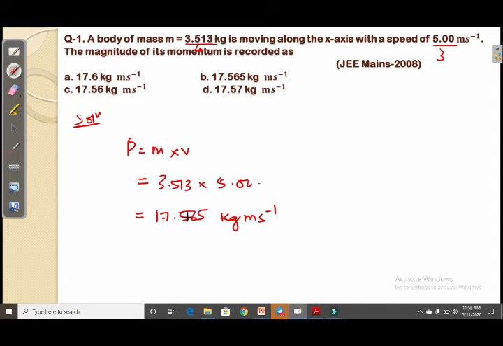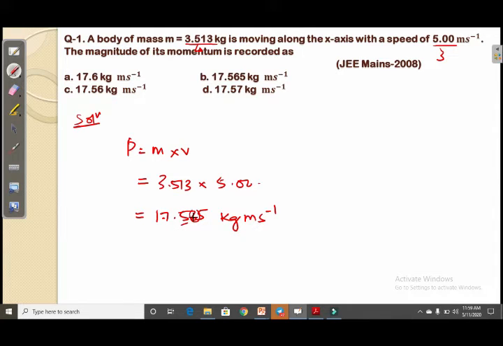We consider these three significant figures, but the value of 5 depends upon the next digit, that is 6. If this digit is greater than 5, then we have to increase the previous digit to the next number.